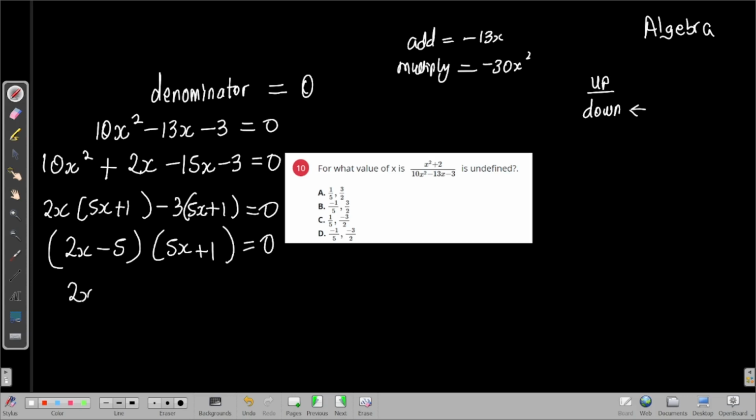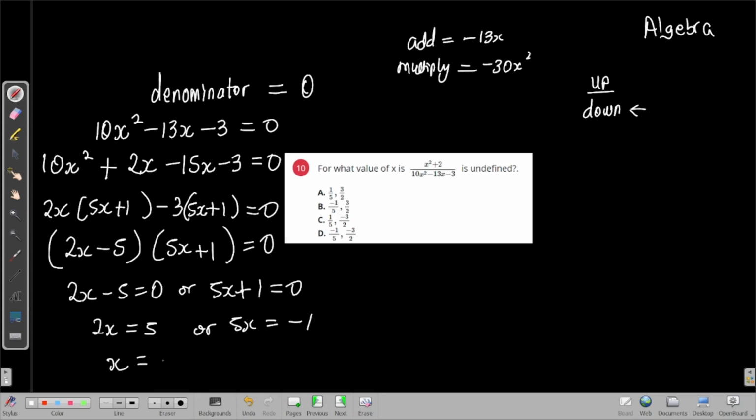So we have 2x minus 5 is equal to 0, or 5x plus 1 is equal to 0, because we're looking for the roots. When they ask you to find for what value of x, they want you to find the roots. A very small mistake I did here.